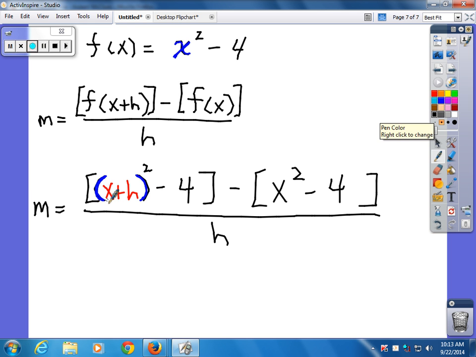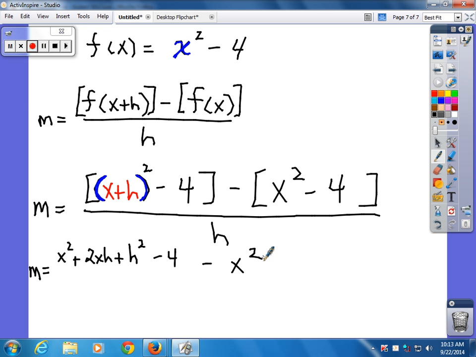So what is this? Shortcut number 1. x squared plus 2xh plus h squared minus what? 4 minus what? x squared plus what?